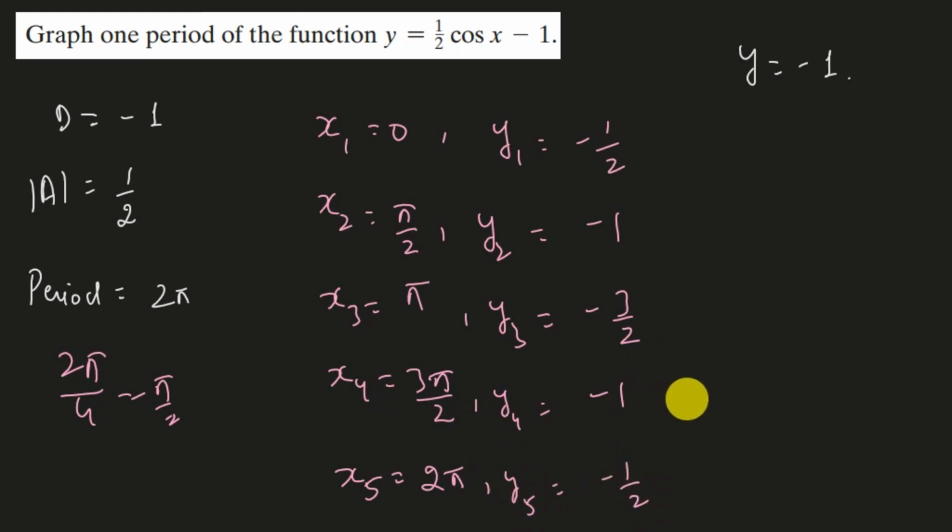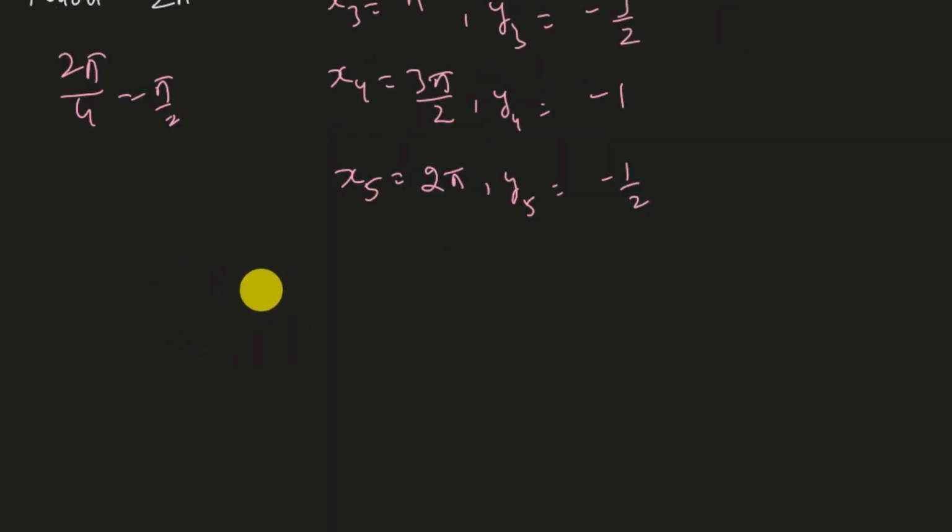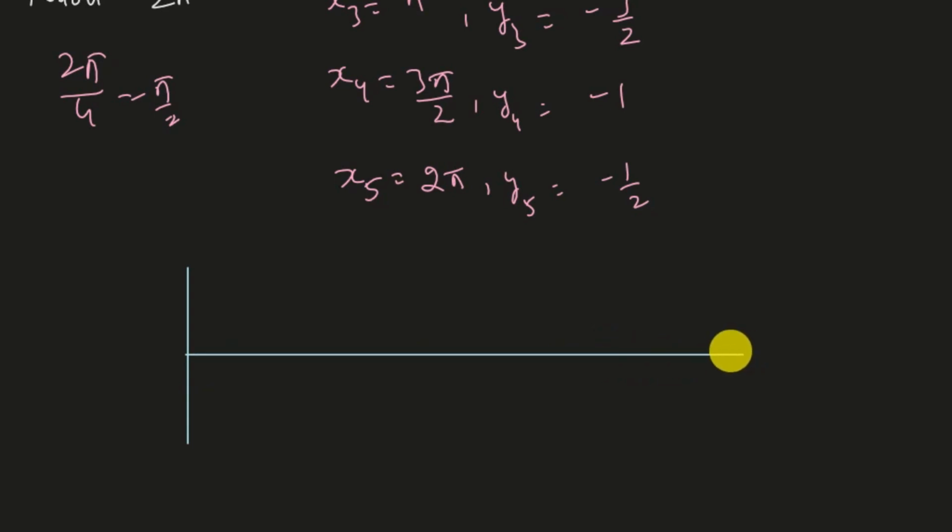Now sketch the graph by using these points. So this is the y-axis I can take, this is the x-axis, right? I can extend it a little bit more. So this is the y-axis, this is the x-axis.